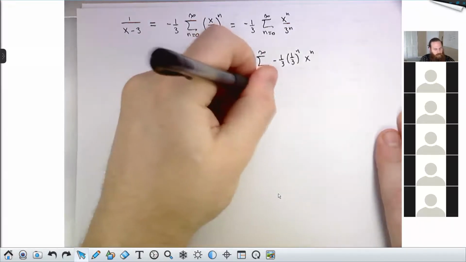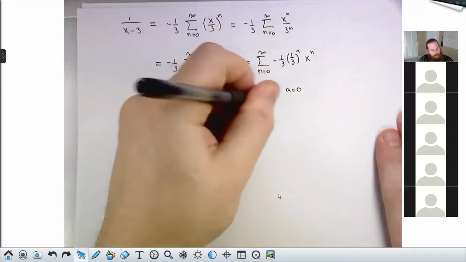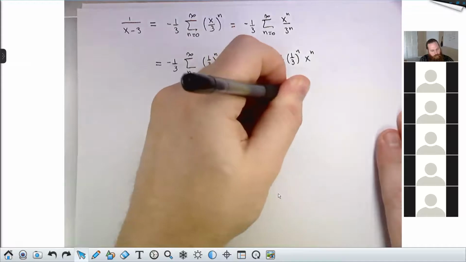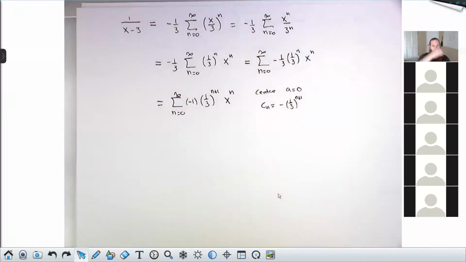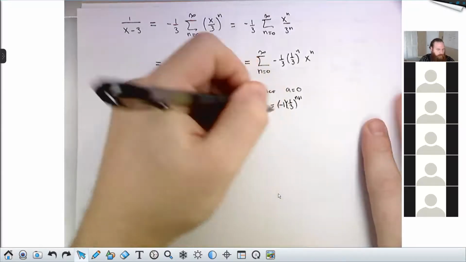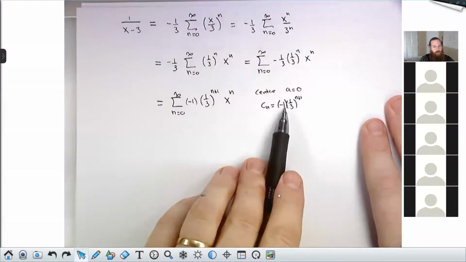So the center is still a equals 0, and the cn's here are negative 1/3 to the n plus 1. Or you could say negative 1 times 1/3 to the n plus 1. Either one is fine. I like writing it like this because it makes clear who's getting the power and who isn't. The negative 1 is not getting the power, but the 1/3 is.